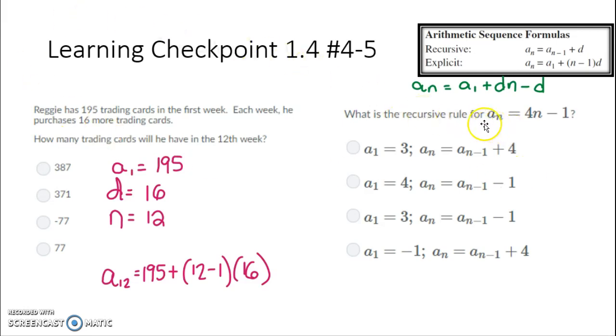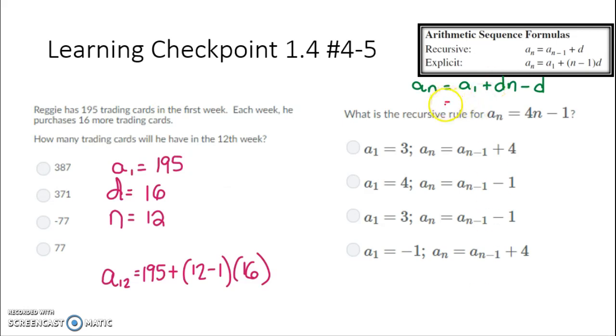And if I rearrange that green formula that I just wrote, what I'm trying to do here, guys, is make it match what was given to me. I've got 4 times n minus 1. So what I want to do is rearrange the green formula to match this formula right here. That way the pieces will line up and I'll know exactly what my common difference is, and I will also know exactly what my first term is.